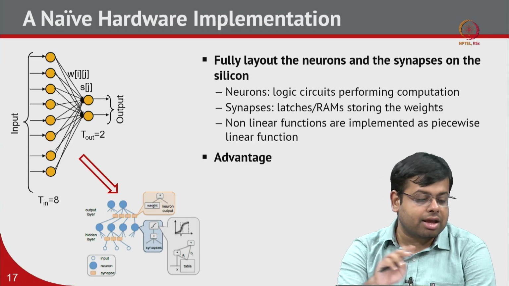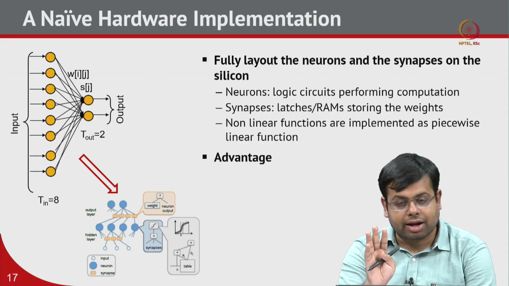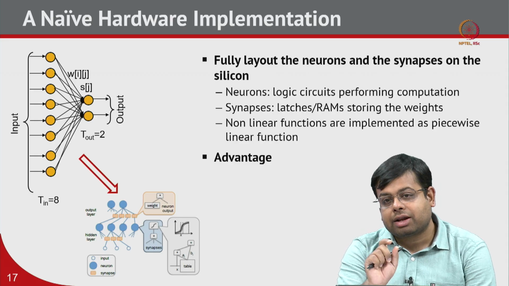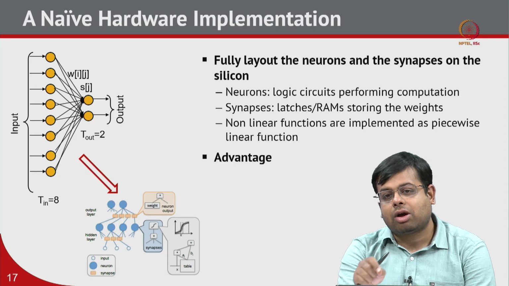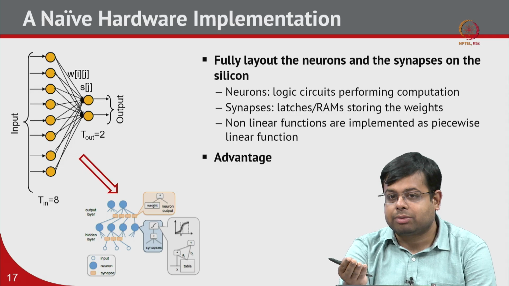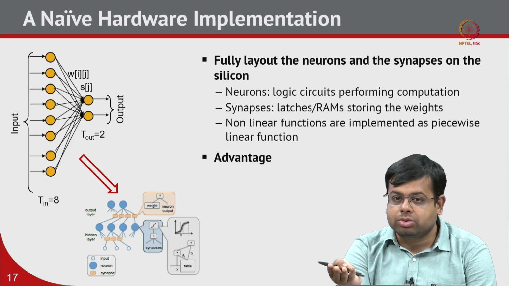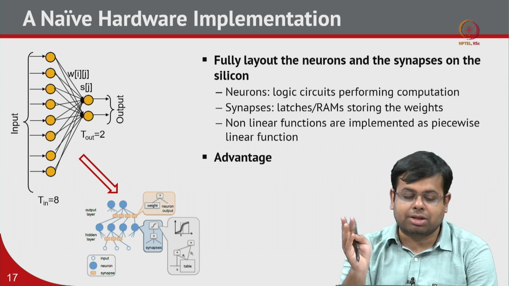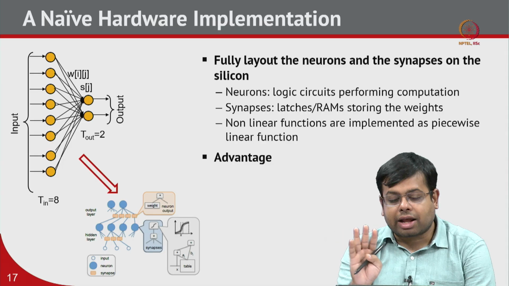If there are n number of neurons, we can make tiny neuron blocks and fabricate that on the silicon. You can think that each neuron block will take one weight and perform multiplication with respect to the input, and then it will do some addition, or they will be separately added, right. That is a very naive implementation.